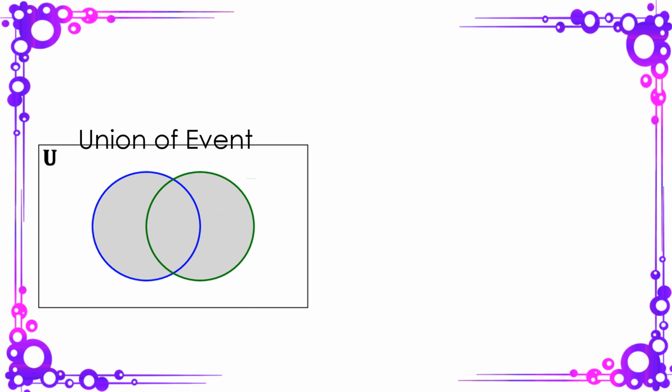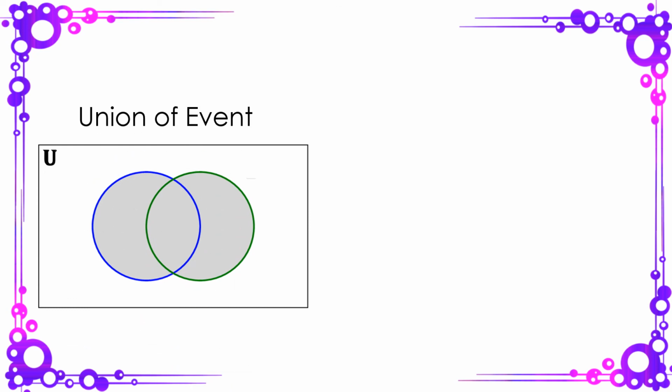To end our discussion, let me sum up the difference between union and intersection of events using a Venn diagram. So first, we have here the union of events, and this is the Venn diagram for the union of events. You see here that inside the circles, we shaded all the regions.